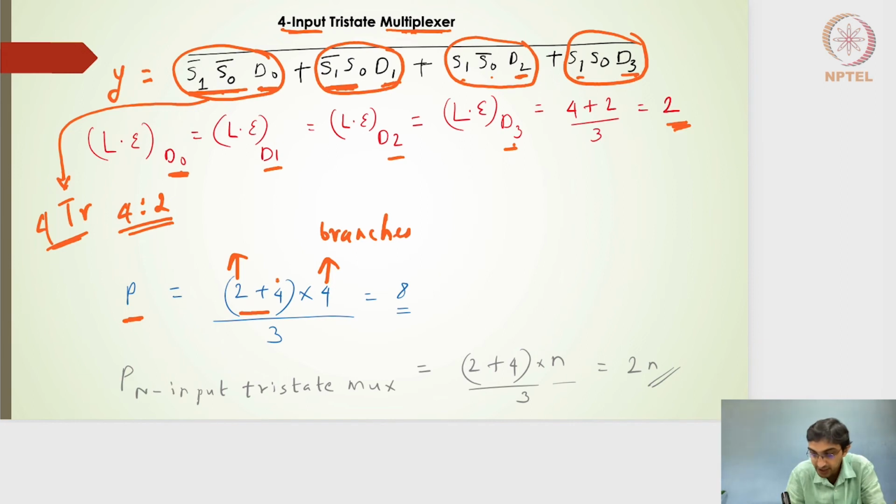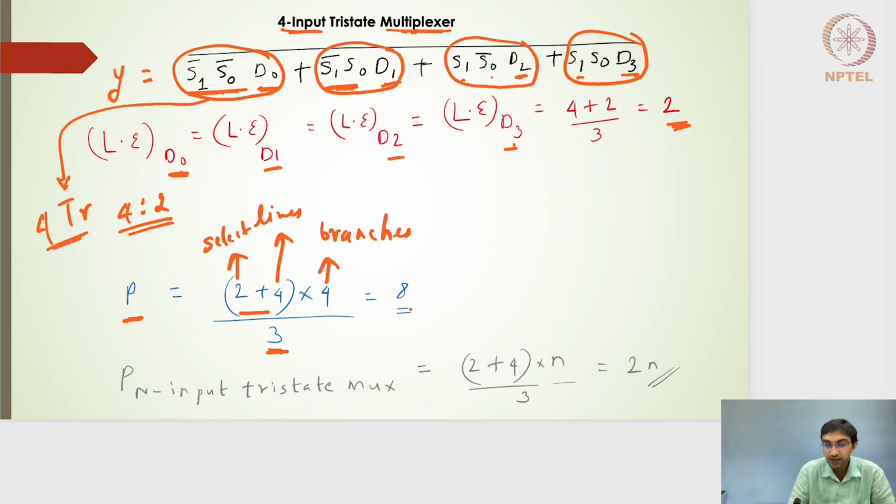The inputs fed to these transistors will be the select lines and their complements. I will call them the transistors driven by the select line signal. So it is 2 plus 4 multiplied by 4 divided by 3. 3 is coming from the benchmark 2:1 inverter's output parasitic capacitance. So it will be 2 plus 4, 6 multiplied by 4 divided by 3. So this will be 8.